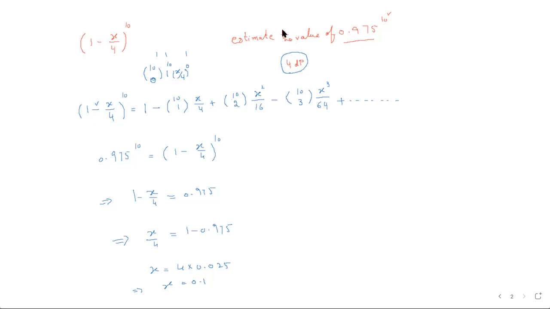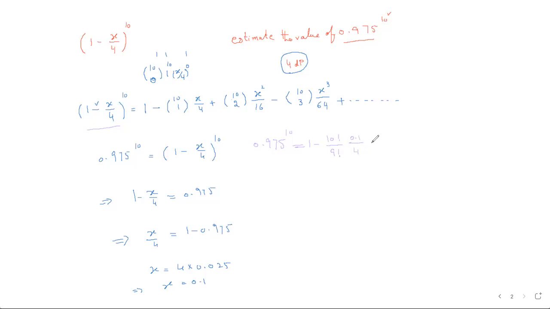Now we will put these values back into the relation that we found here. Then 0.975 to the power 10 is equal to 1 minus 10 factorial divided by 1 factorial, and 10 minus 1 factorial is 9 factorial, and x is equal to 0.1, divided by 4.